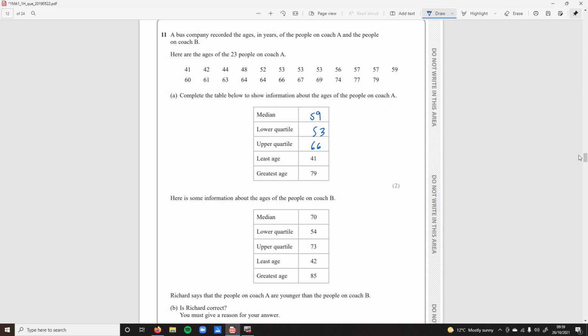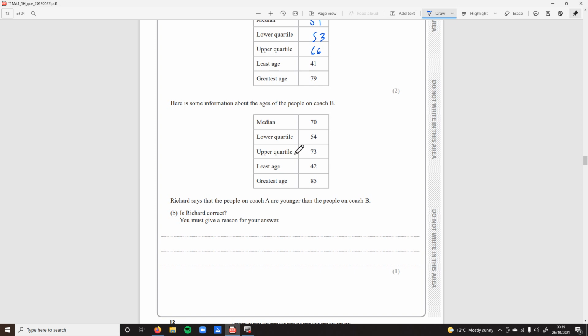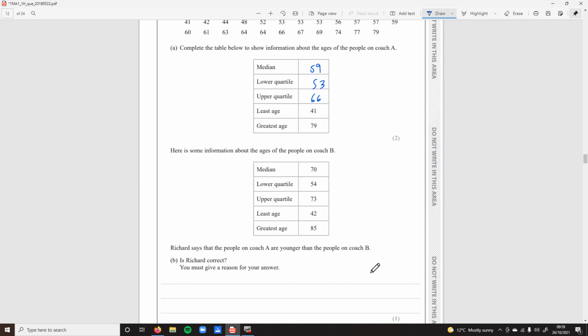But anyway, doesn't matter. Richard says that the people on coach A are younger than the people on coach B. Is Richard correct? Now, I don't think we can tell.